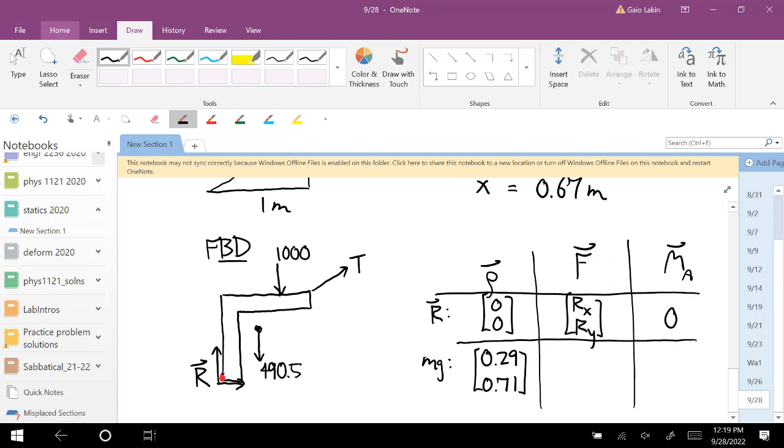Do you know why that is? Just kidding, that's random. It just does. That's a total coincidence. Versus 0, negative 490.5. And the cross product is negative 142.25.